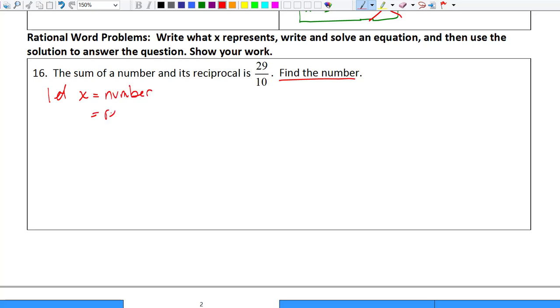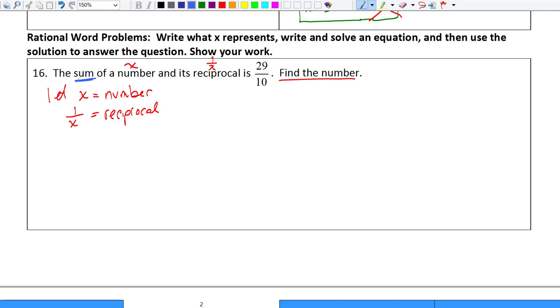There's one other thing that we need to know, the definition of the reciprocal. The reciprocal is just 1 over whatever number they're talking about. So in this case, the number, which is x, and its reciprocal, that's going to be 1 over x. And we have to write an equation. So let's go back and read one more time.